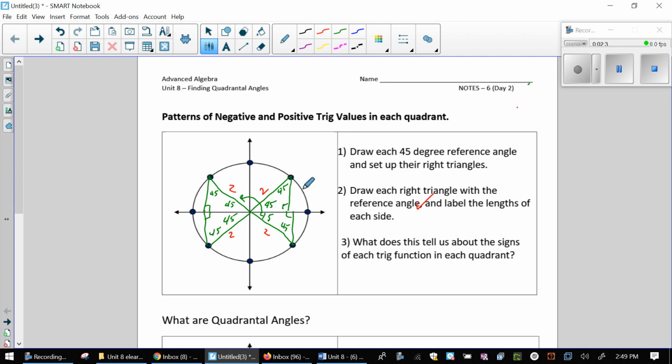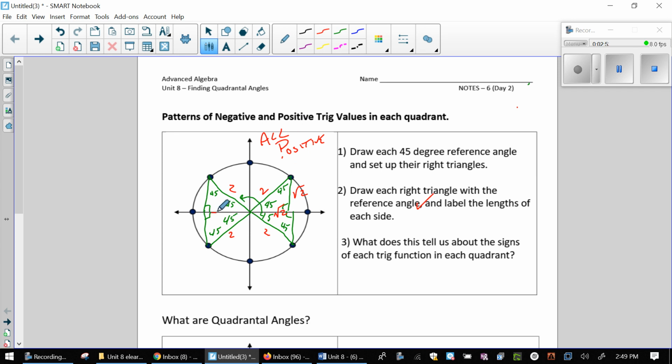Now, as we fill this in the first quadrant, we know that we're going right, and this is root 2, right? Positive root 2. We know that we're going up, and that's positive root 2. So that means all the trig functions are going to be positive in the first quadrant. All right? Now, when we go into the second quadrant, we're going left.